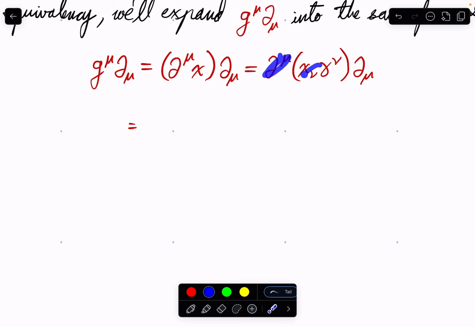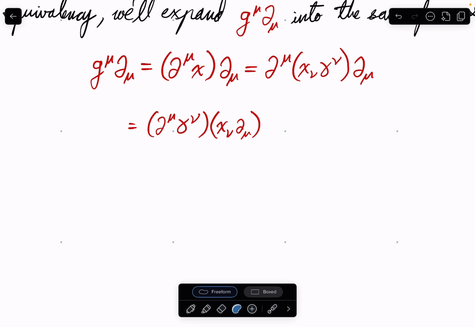We just need to remember that. So at the very end, we can put things into the correct form. So we'll rearrange by moving things like this. We have partial mu, gamma nu, and then we have x nu, and then partial mu, like so.